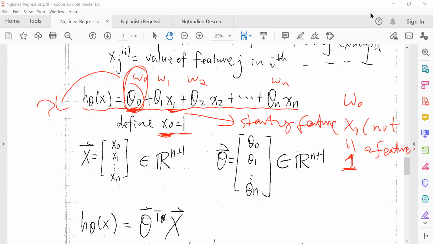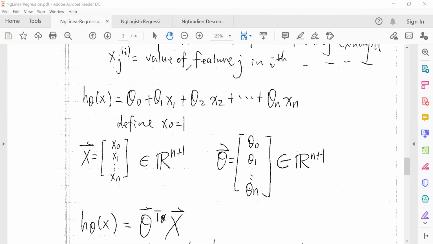Then what is that W0? Over here in our hypothesis, theta 0 is what? You remember we discussed the name? Some special name, starting with B. We call it bias. Just remember, it's not weight, it's a bias.